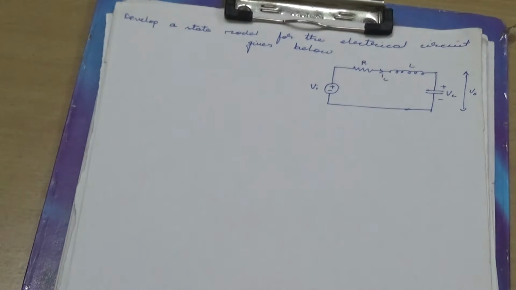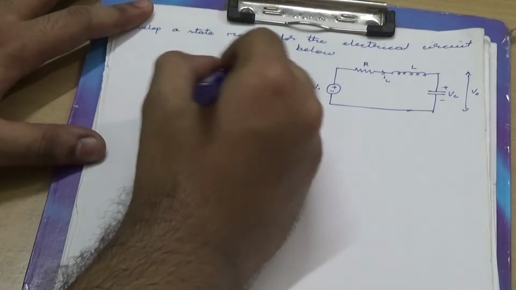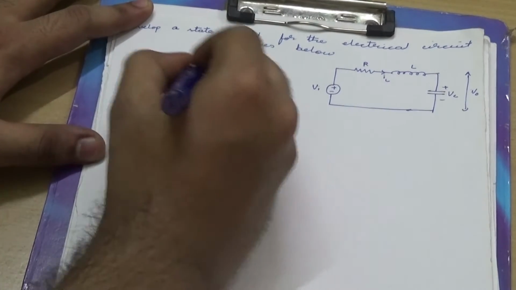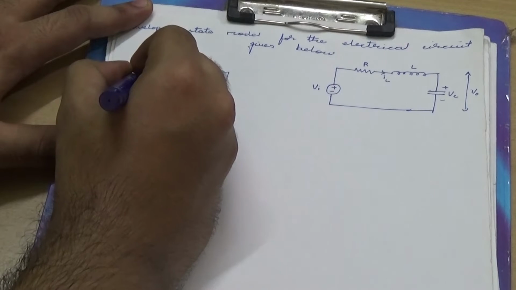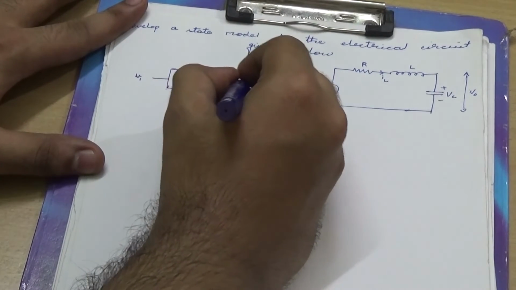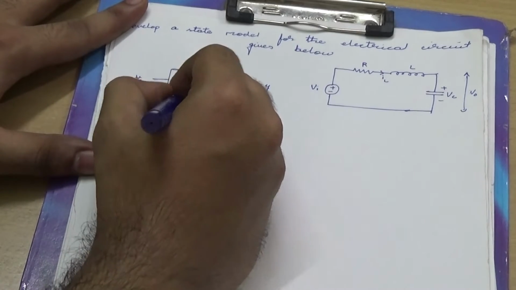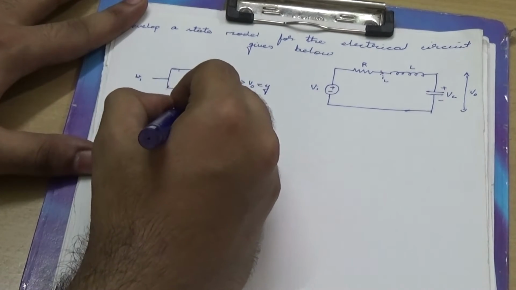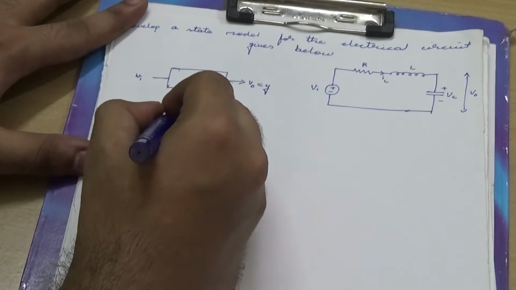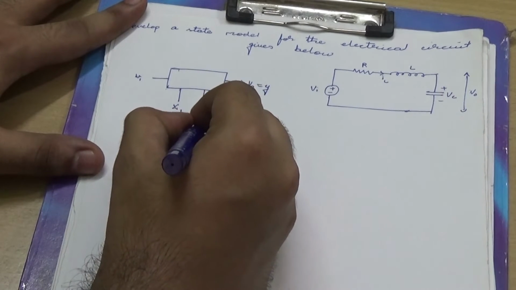Now let us start by drawing a small model which represents the circuit. The input is Vi, the output is V0, which I can represent as Y, and the state variables are x1 and x2, which are IL and Vc.